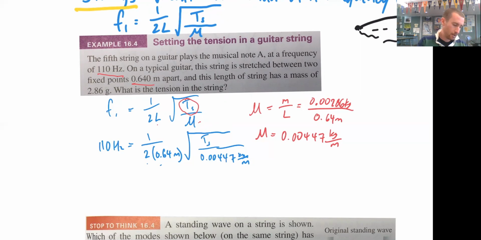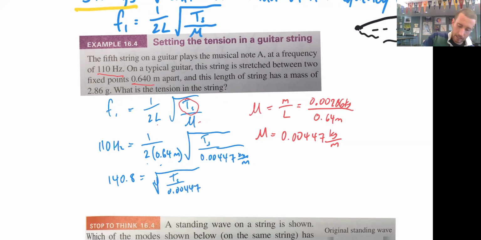That's 2 times 0.64 times 110, giving me 140.8 equals the square root of T over 0.00447.